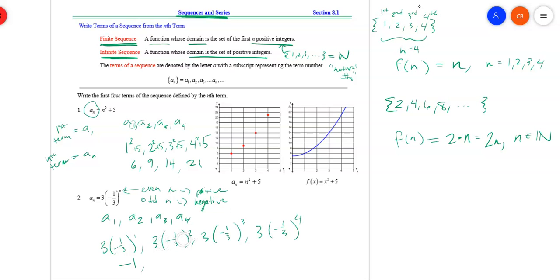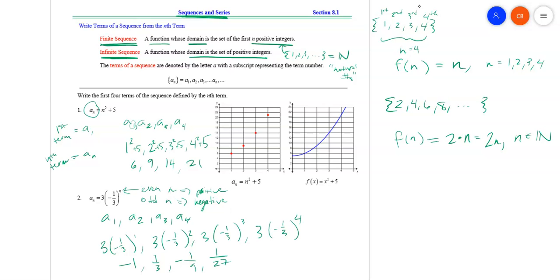And then whenever we do this one, it's going to be negative 1/9 here. But it's squared, so it will be positive 1/9, so it will become 1/3. And then this one, do you see the pattern that we're getting? It's going to go negative 1/27, and then the 3, so it's going to go negative 1/9. And then this one will be positive 1/81 because it's to the fourth power, and then 3, so it will go 1/27.